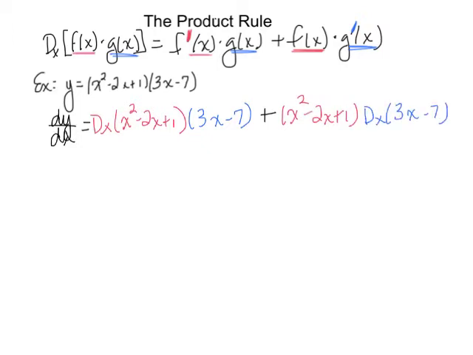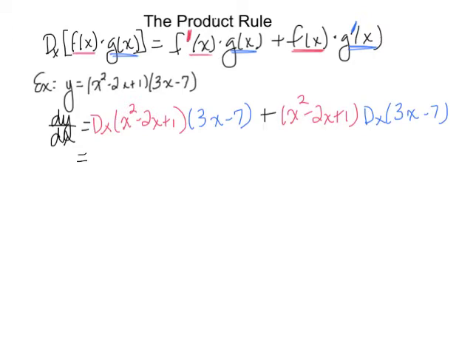Again, we notice in each case we have our first function, x squared minus 2x plus 1. We take the derivative of that function and we leave the second function alone. Plus, now the first function is left alone and we take the derivative of the second function.